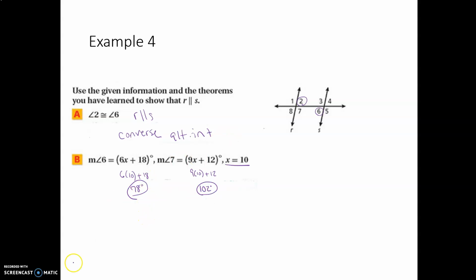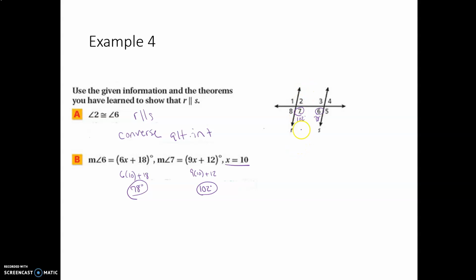All right, so here we're going to look in our picture again. Get rid of these ones because we're on a different problem. And they're talking about angle 6 and angle 7. So they're telling me 6 is 78 degrees and 7 is 102 degrees.